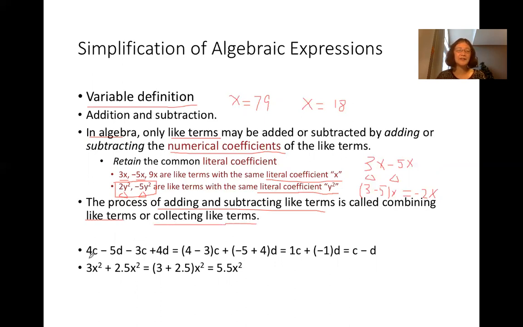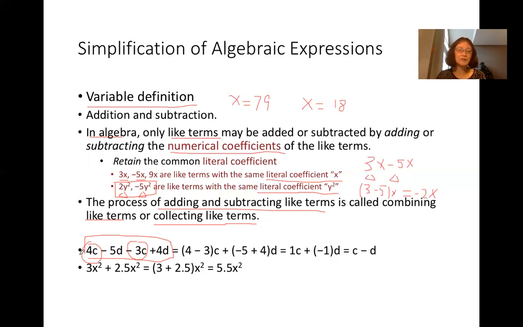So here is an example. Collect like terms for this algebraic expression. First, we identify which items are like terms. So 4c, negative 3c, they are like terms. For like terms, you only add or subtract numerical coefficients.